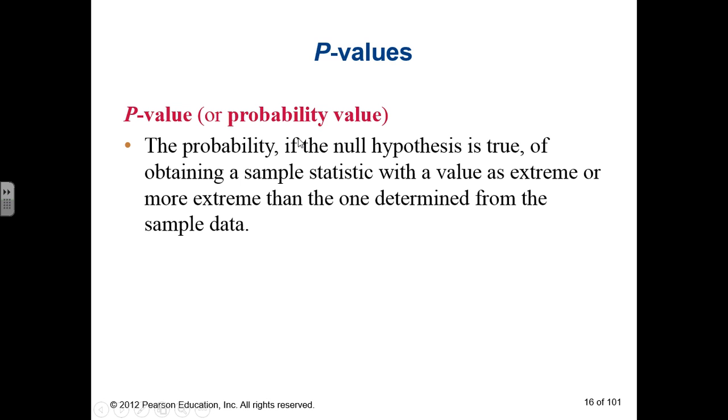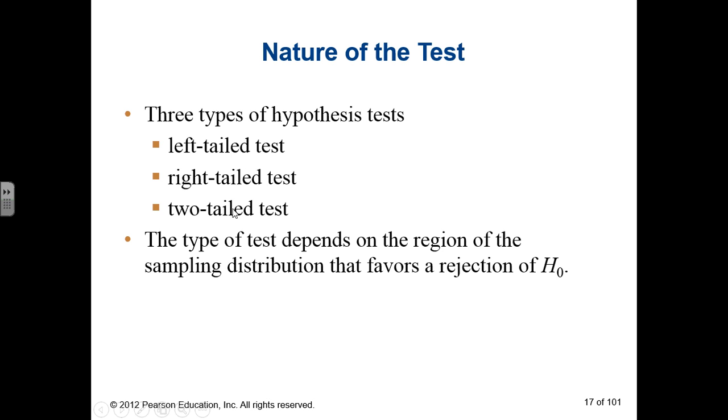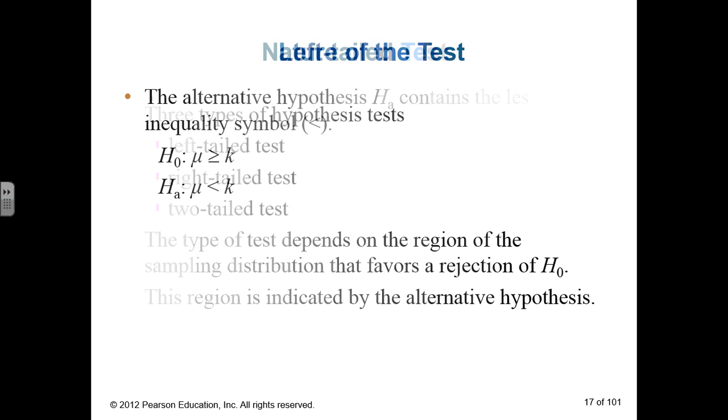The p-value, also known as the probability value, is the probability that the null hypothesis is true. The p-value depends on the nature of the test, and we have three types of tests: left-tail test, right-tail test, and two-tail test. The type of test is associated with the alternative hypothesis. So let's look.